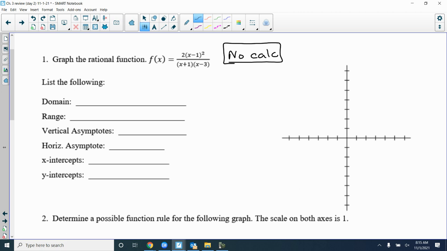And make sure you label the horizontal and vertical asymptotes correctly in the terms that they got to be an equation.